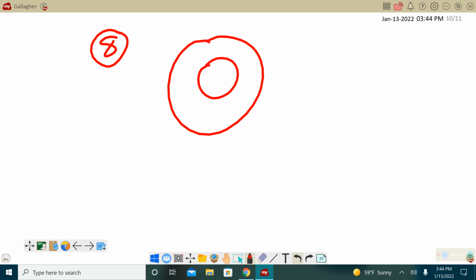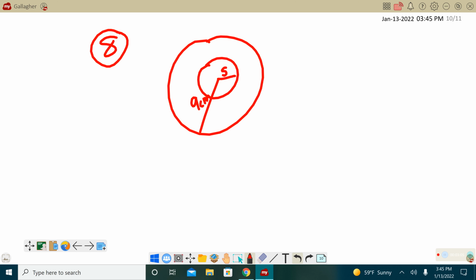In number 8, our job is to find the area of the shaded region of this picture. So I have a circle on the outside and then a circle on the inside. This inner circle has a 5 centimeter radius, and this outer circle has a 9 centimeter radius. I know mine aren't perfect, they're just sketches.